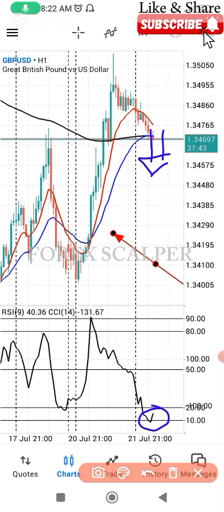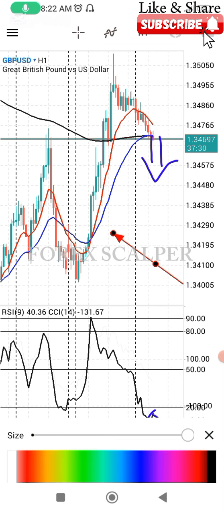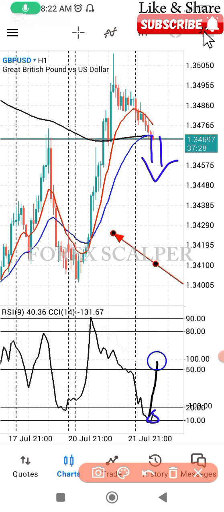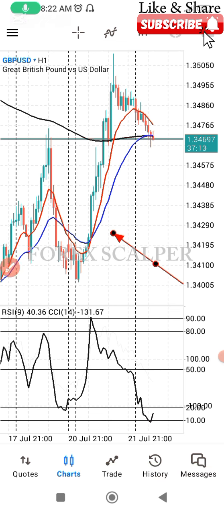So I can't sell because this is here. I will only sell when price pulls back from here either to 50 or to around 80 and it's about coming down, and then maybe I'll have another pullback to the moving average and then I will be able to sell. So this is how perfectly you can apply this moving average strategy.